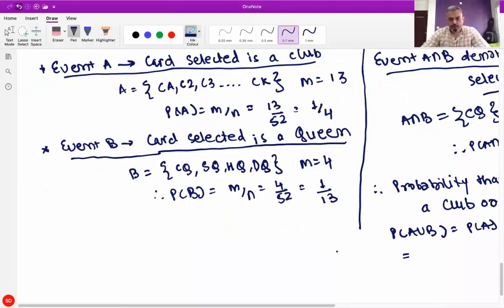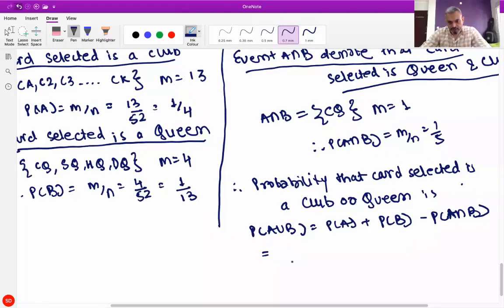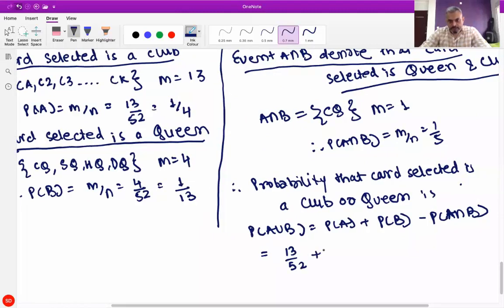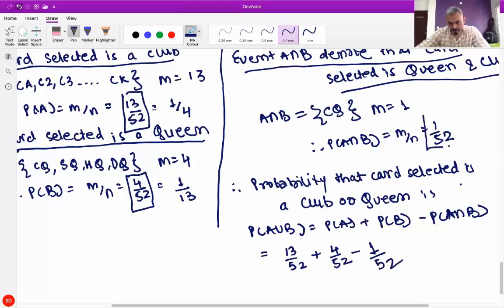P of A is what? 13 by 52 plus P of B is 4 by 52. ये वाला 4 by 52, 13 by 52 minus 1 by 52, this one, which is equal to 13 and 4, 17.